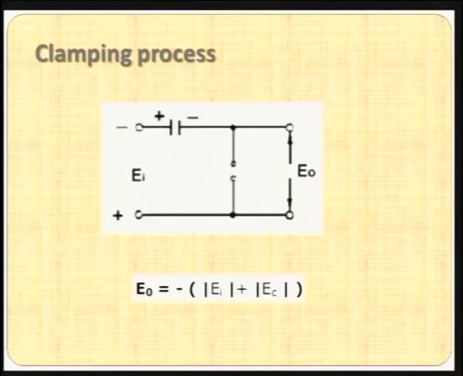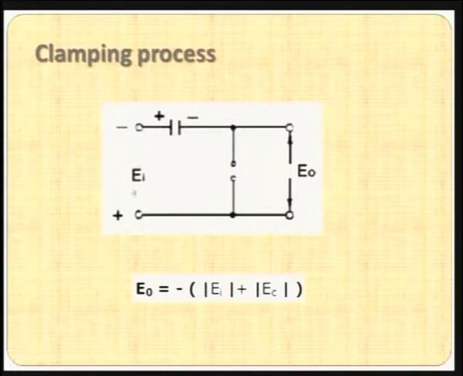This is the case when the negative cycle is appearing across the two terminals of the input, with the negative potential appearing at the terminal where the capacitor is connected. At that instant, the capacitor still has the same polarity. This part is positive, this part is negative.